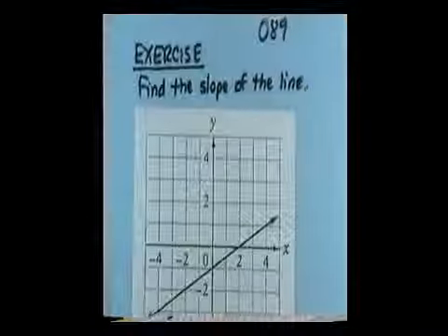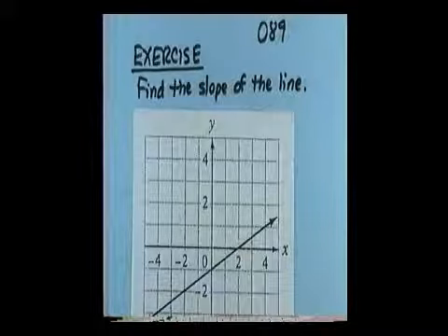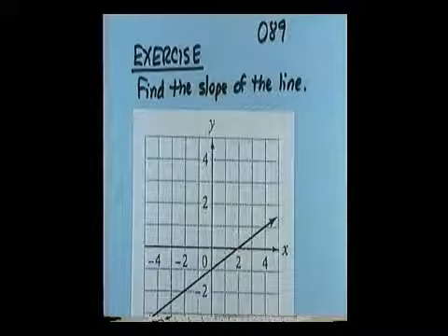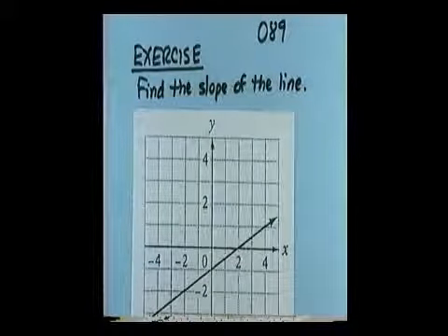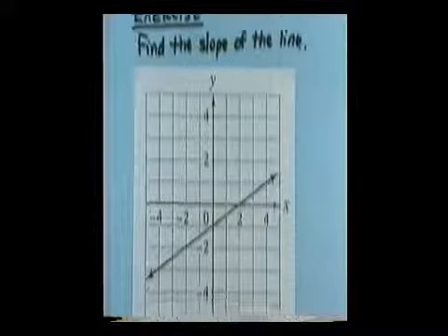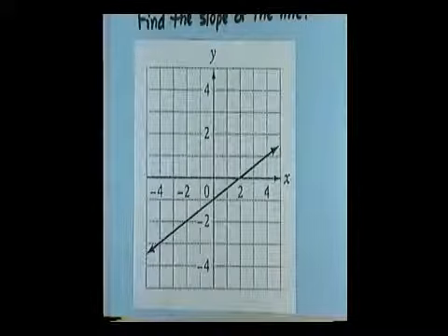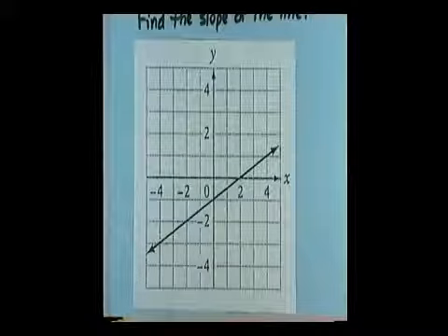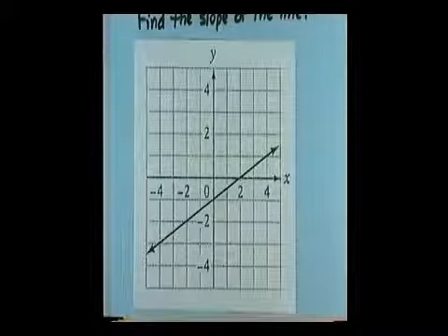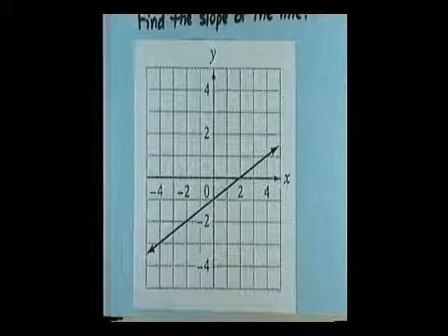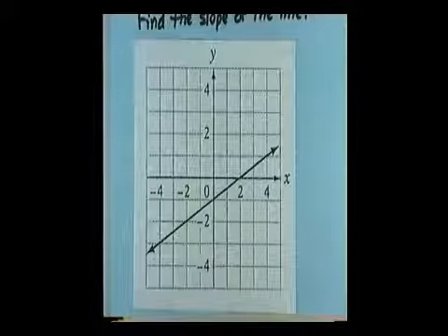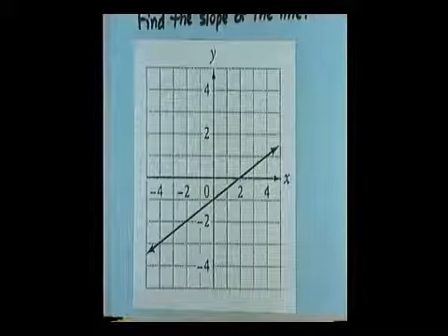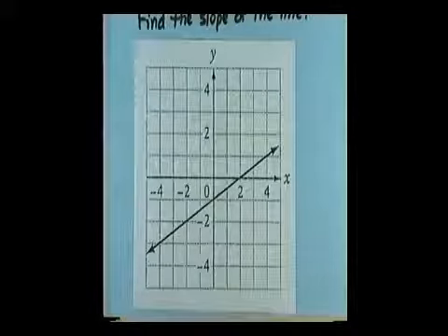Alright, now I've got an exercise for you. Find the slope of the line. Here's your line. Can you determine points that are on this line? Look at it very closely and make sure you can determine some points that are on this line.